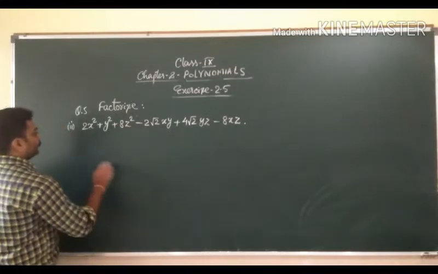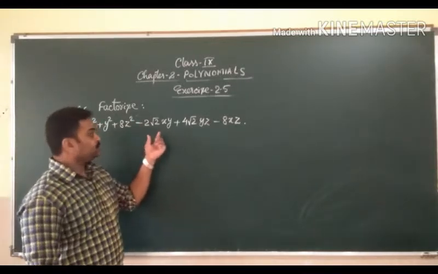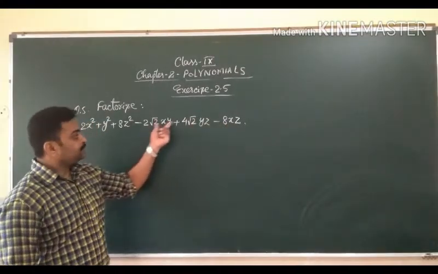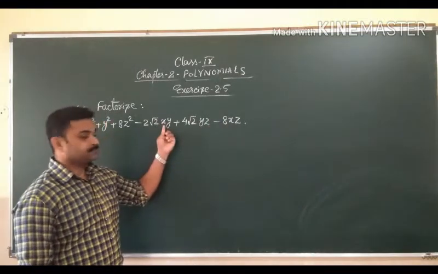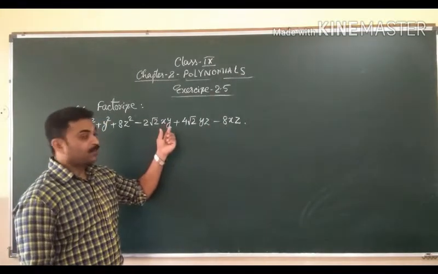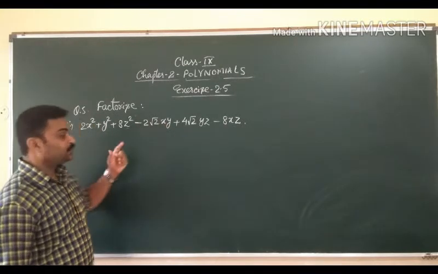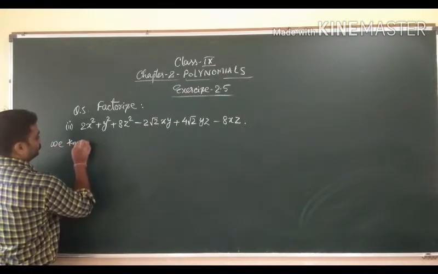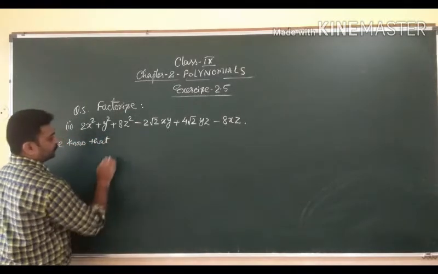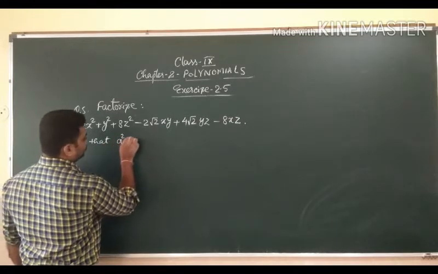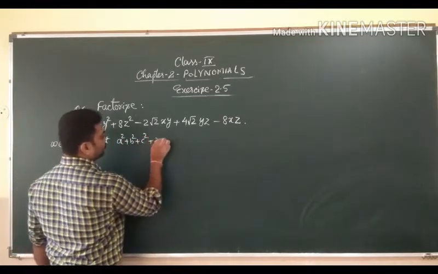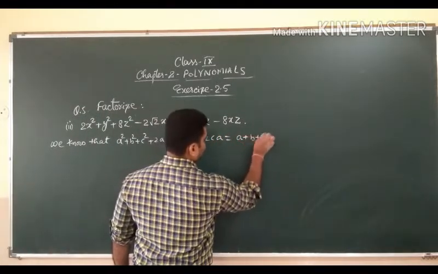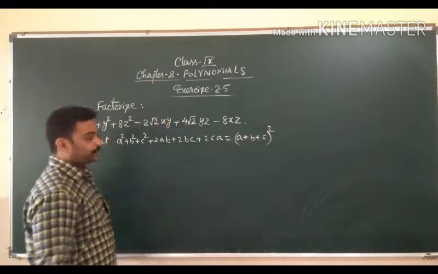Clear? Students, here again you can see two terms are negative, and these two terms contain x. So our x part, that is the first part, will be negative. Okay. Again you can write, we know that a square plus b square plus c square plus 2ab plus 2bc plus 2ca is equal to (a plus b plus c) whole square.